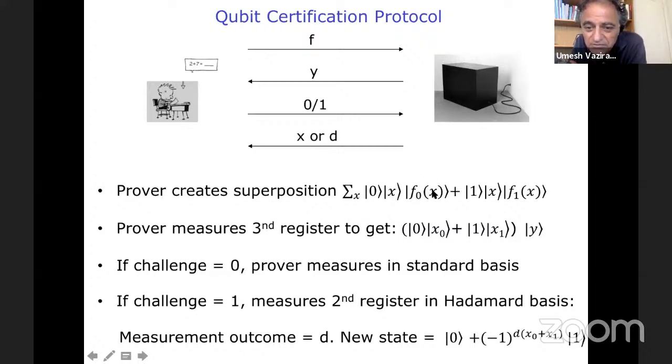Then the prover measures the third register and returns that value to be y. So at this point, the prover has a superposition over the two pre-images of y. If the challenge is 0, then the prover, of course, measures in the standard basis. If the challenge is 1, then the prover measures the second register in the Hadamard basis.